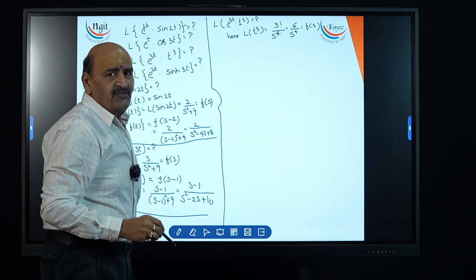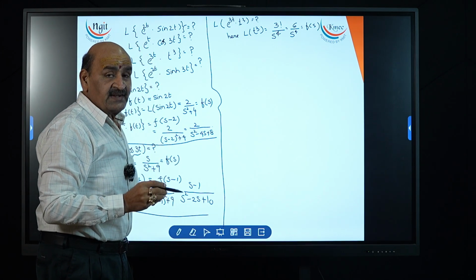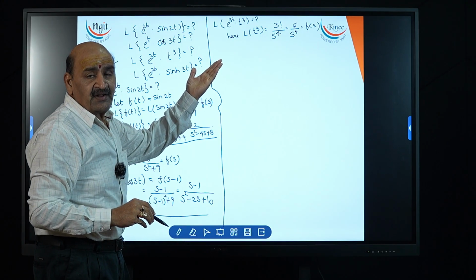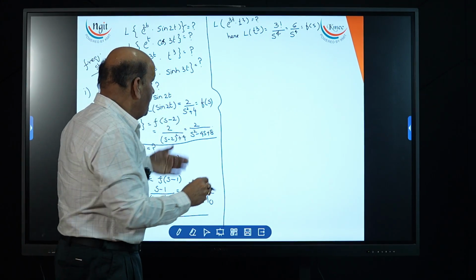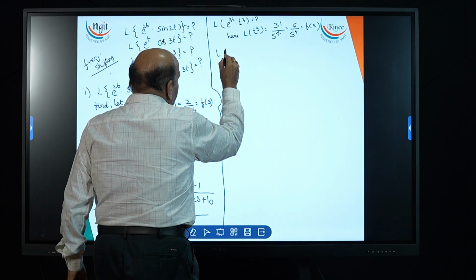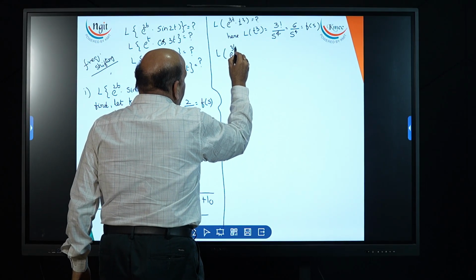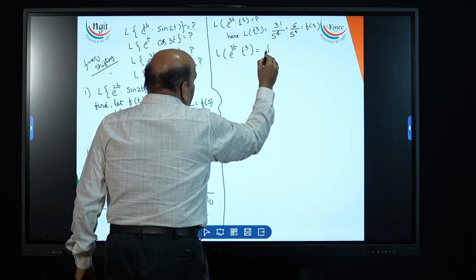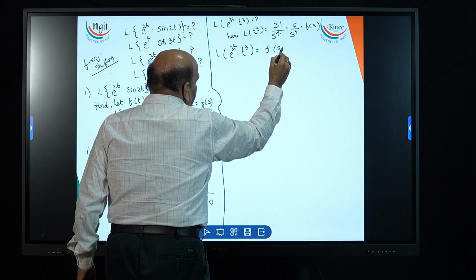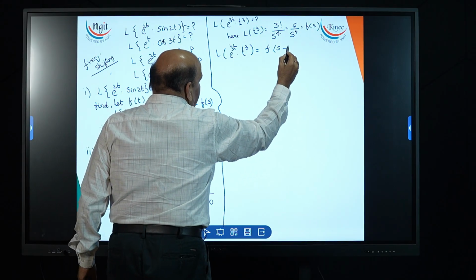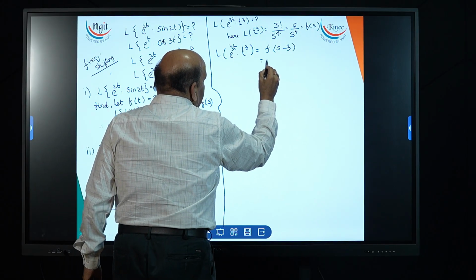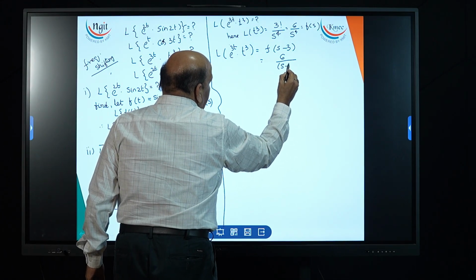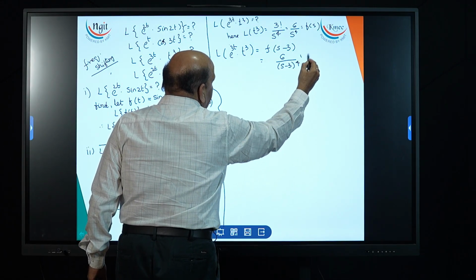First take the signal other than exponential and find the Laplace transformation for that one. You got 6 by s power 4. Now, Laplace transformation of e power 3t with t cube is f of s minus a, where a is 3. So, in the previous one, wherever there is s, you have to make it s minus 3, whole power 4. This is the signal.